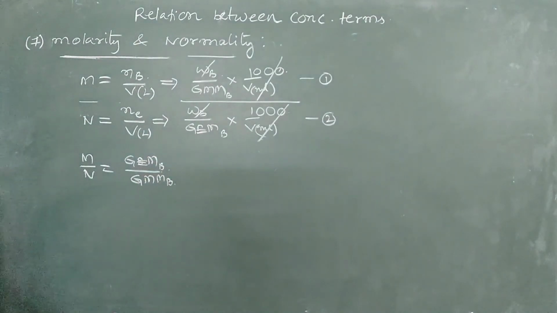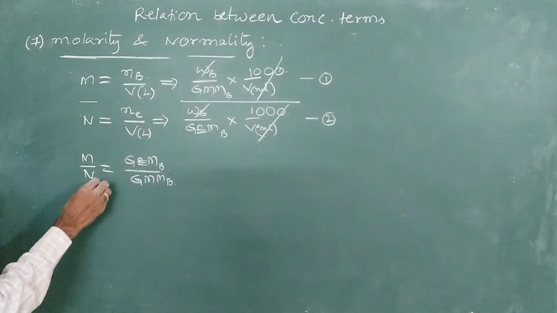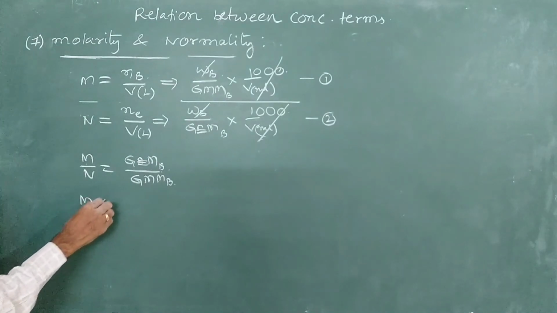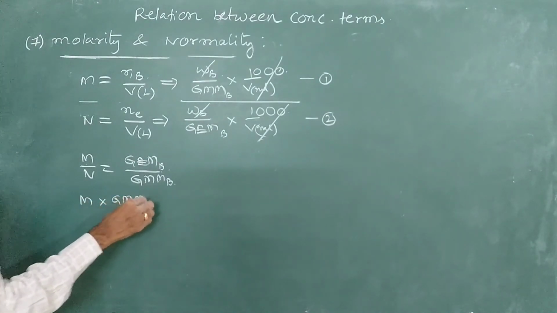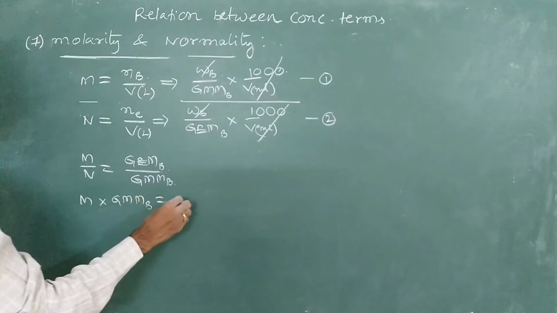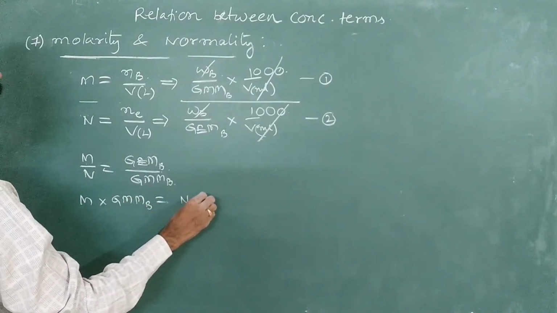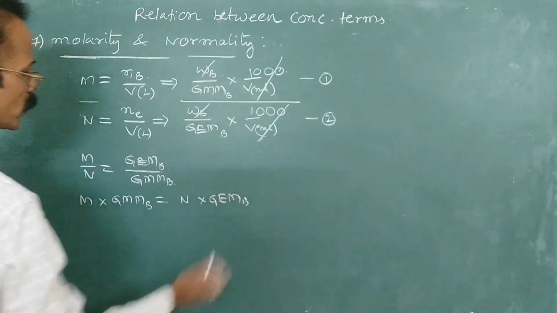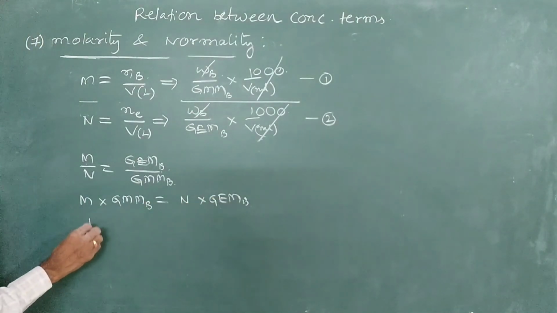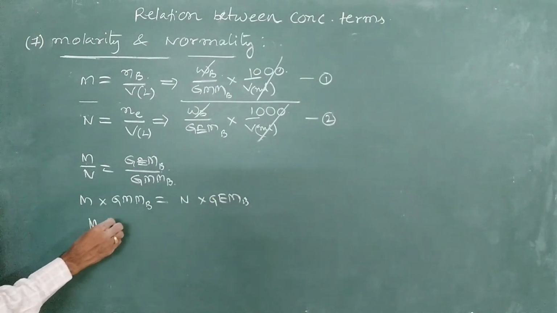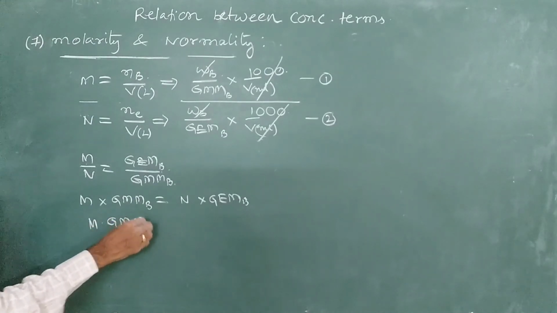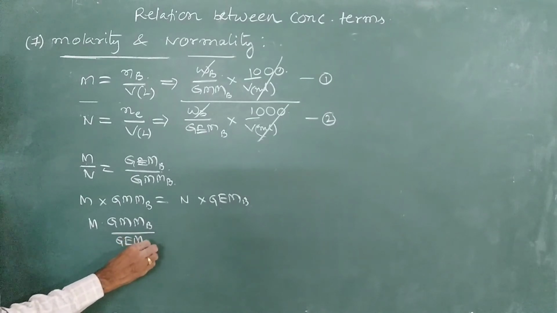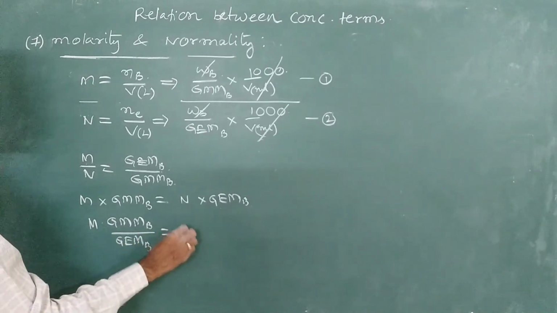Okay, so normality is equal to what now? Molarity into gram molar mass of solute is equal to normality into gram equivalent mass of solute. Okay, so now molarity into gram molar mass of solute divided by gram equivalent mass of solute is equal to normality.